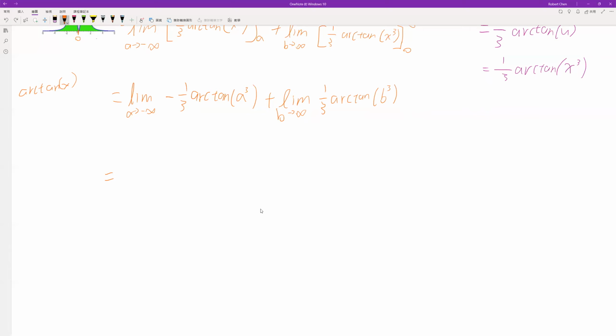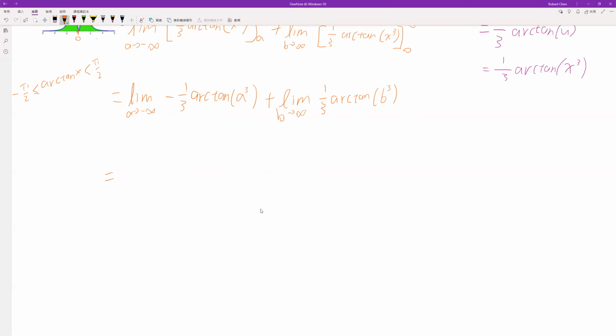So negative infinity, you're actually approaching negative pi over 2.